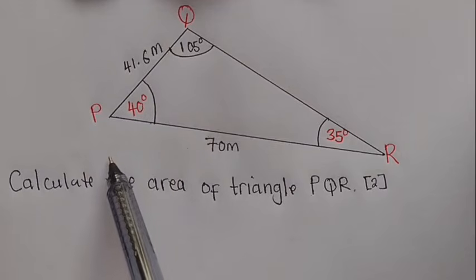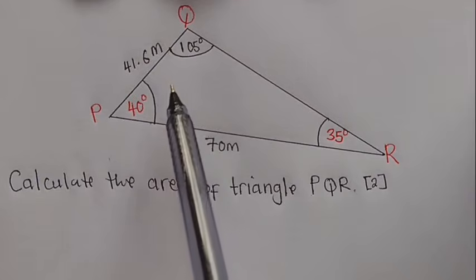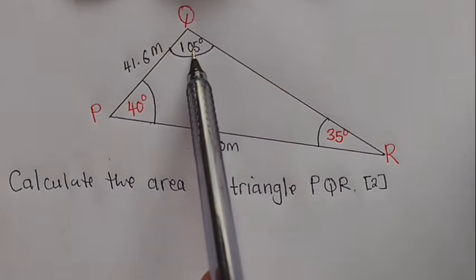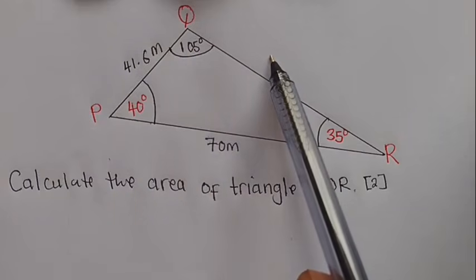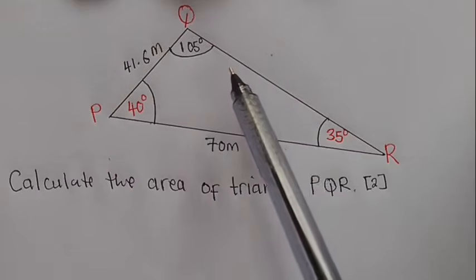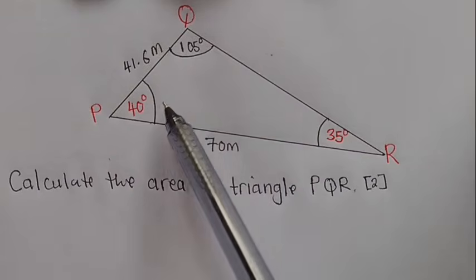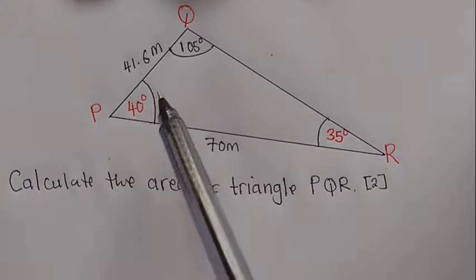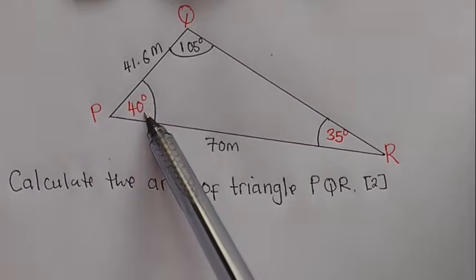Now, you can also use this angle 105, but then you need to use it with the side right here. That will require you to find this side first, which is a long process. So just use this side and this angle.